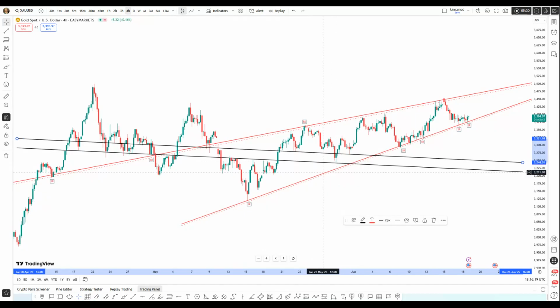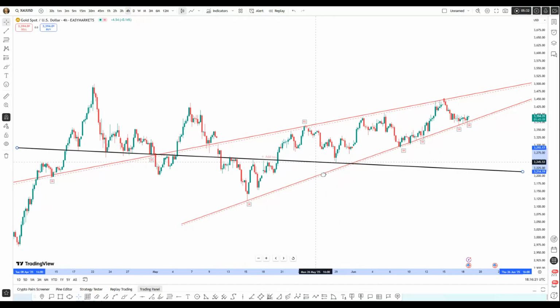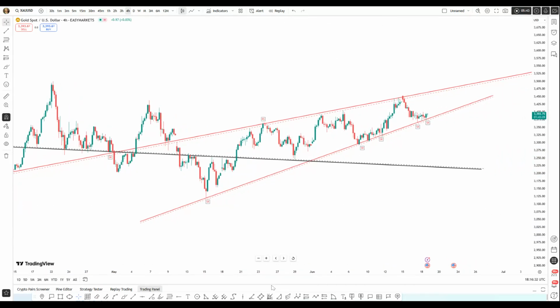So I think we'll settle with three important key areas where we expect price to return, and I do hope that price will return into this demand floor in this area for a potential buy opportunity. This is a nice buy zone.